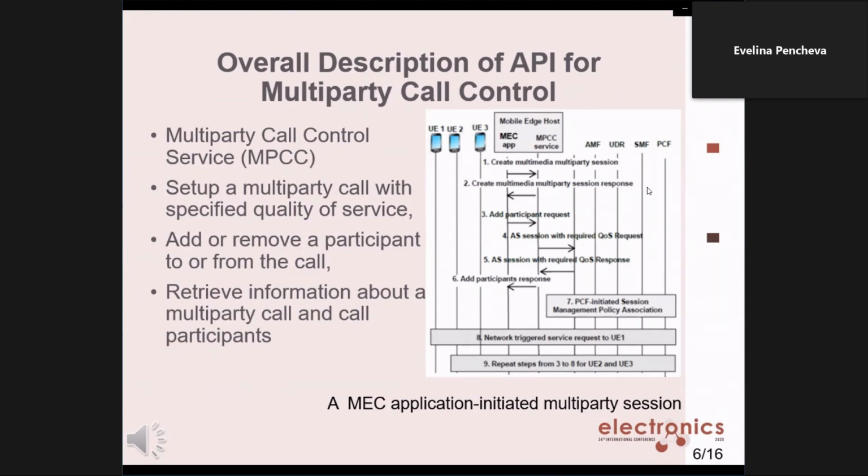Using the service interfaces, a mobile edge application may place a multi-party call with desired quality of service, make a given participant join or leave, and fetch information regarding the ongoing communications. The figure illustrates a typical message flow of a mobile edge application initiated multi-party call with call participants management.